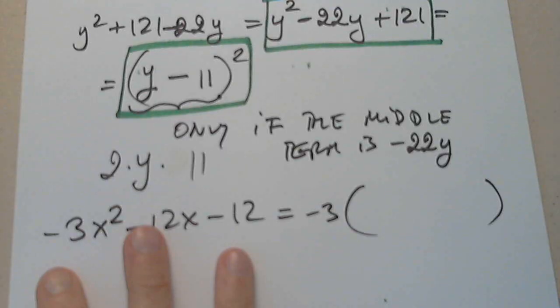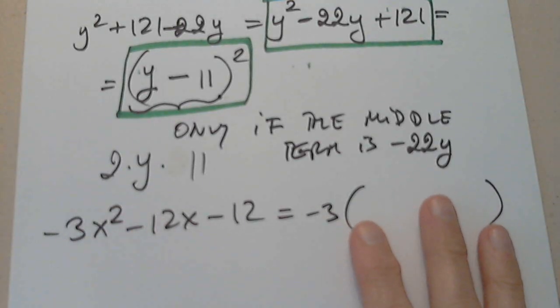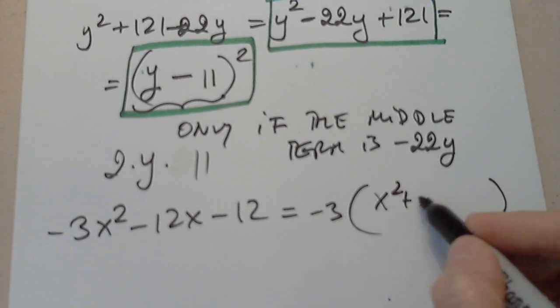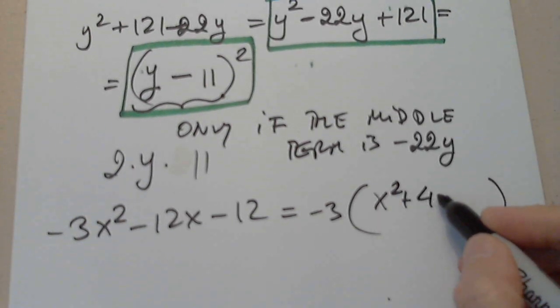We started with 3 terms. We have to have 3 terms in parentheses. So what is left in parentheses? x squared plus 4x plus 4. Good.